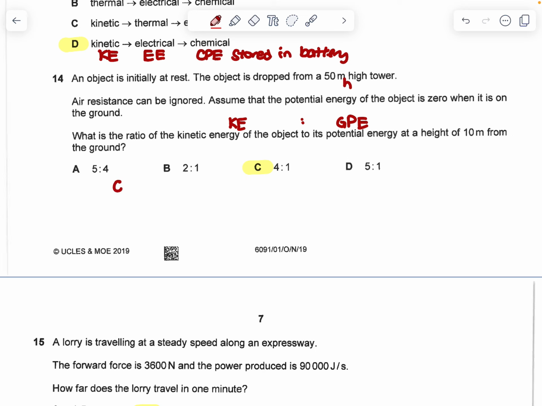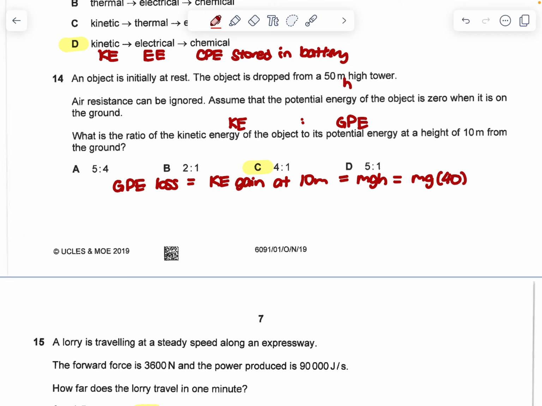So as we know, GPE loss equals KE gain as it falls through the air. It goes to mgh. So KE gain at 10 meters is equal to mgh, mg 40 meters.